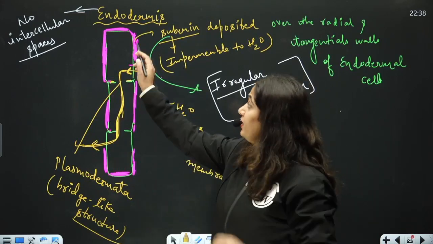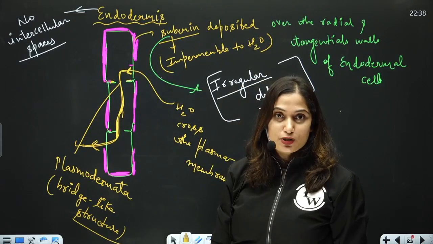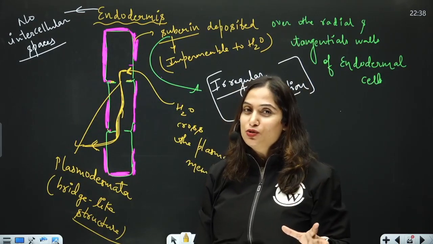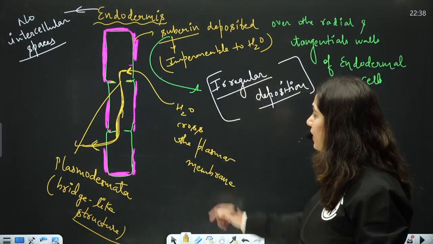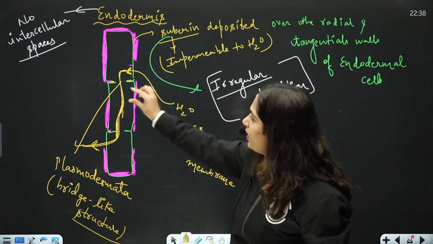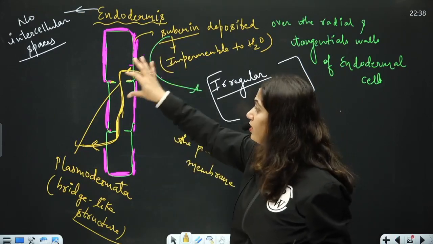And these depositions of suberin are called Casparian strips. So these Casparian strips are present on the endodermis, which do not allow the easy entry of water into the endodermis. But there are very few portions where the suberin is not there.